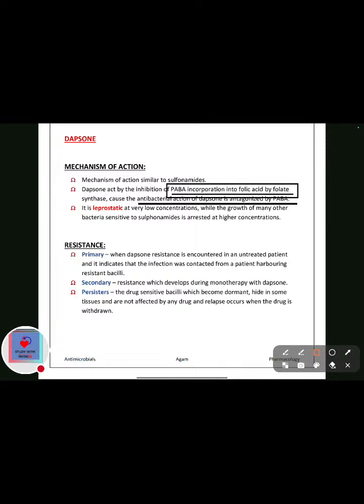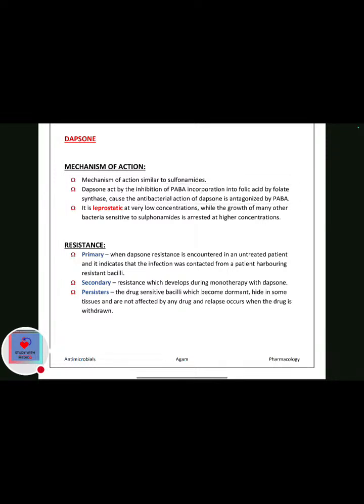So dapsone's action is the same as the sulfonamides. Dapsone inhibits the incorporation of PABA into folic acid by folate synthase. So what is happening here? PABA is incorporated into folic acid by folate synthase, and this is inhibited.